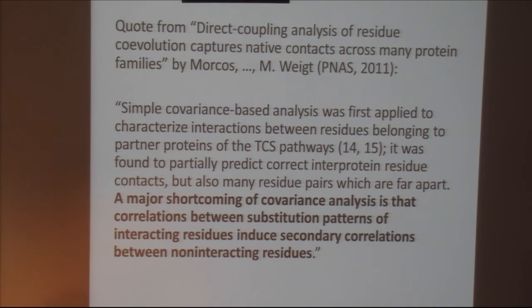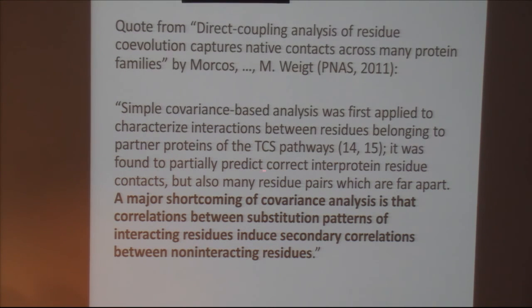So here's a quote from another paper. We are now 11 years later. It's not really about gene networks. It's about residue interactions, but the mathematics here is the same. First, the authors say that the covariance or correlation-based analysis, so the networks that I was just telling you about, has a problem because of what it says here, residue belonging to partner proteins of this pathway.